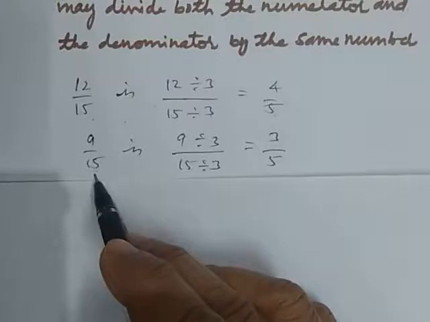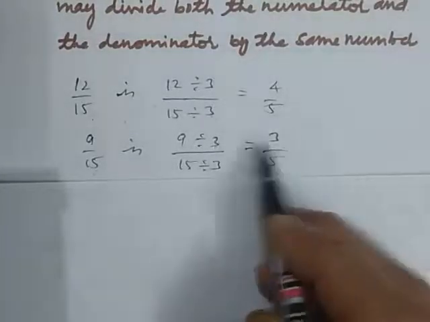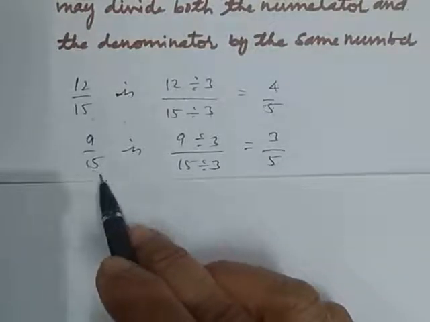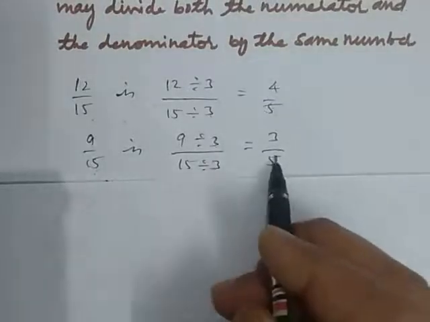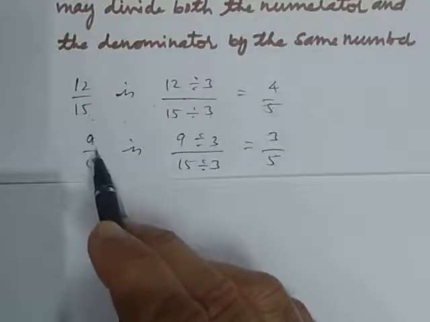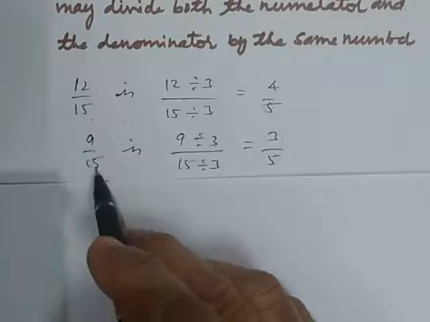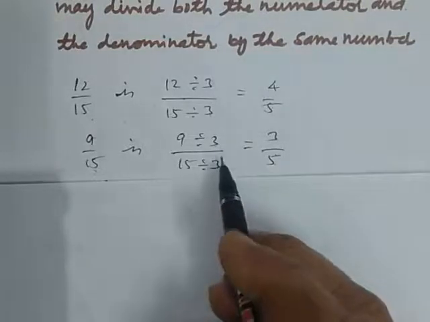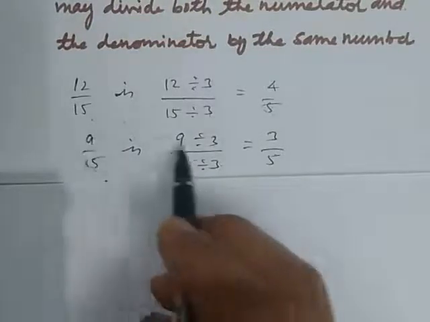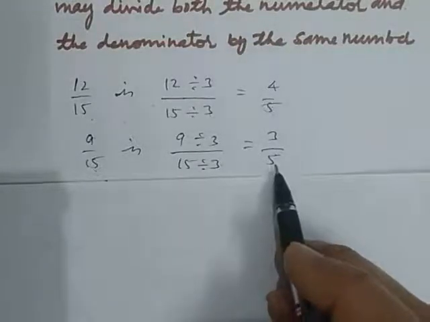Now we take one more example. 9 by 15. 9 divided by 3 we get 3, 15 divided by 3 we get 5. So 3 by 5 is the equivalent fraction of 9 by 15. But how do we get this? First we have to find a number which can divide both numbers, that is, both numbers are divisible by the same number. This is required. Here we found the number 3. 3 divides 9 to give 3, and 3 divides 15 to give 5.